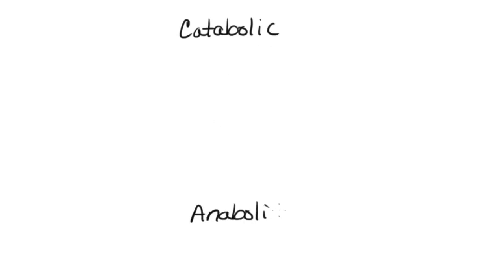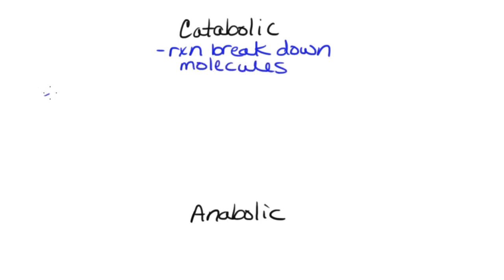And so if we just spend a little time comparing and contrasting what we mean by catabolic and anabolic, catabolic reactions are oftentimes called reactions that break down molecules. And so what's going to happen here is that we're going to have some large complex molecules.